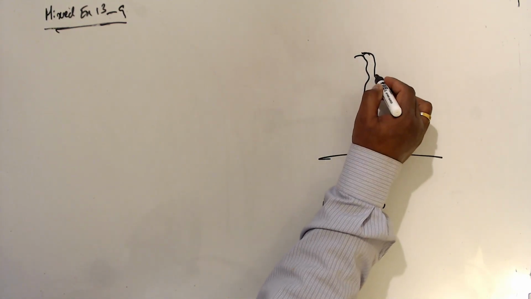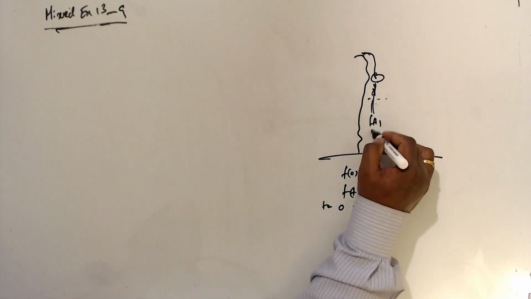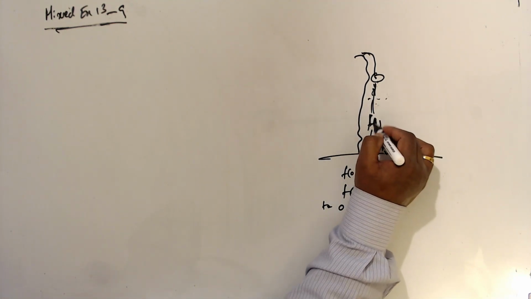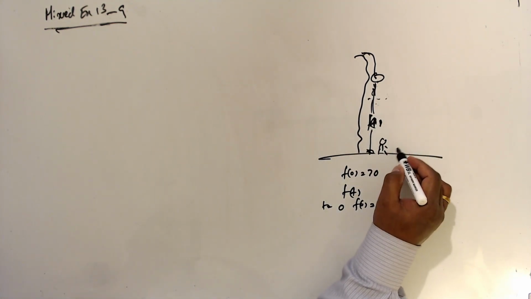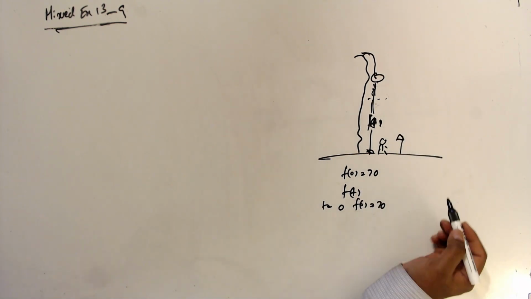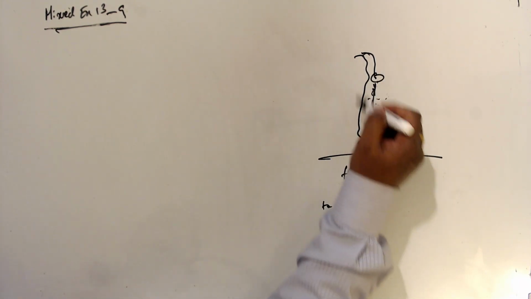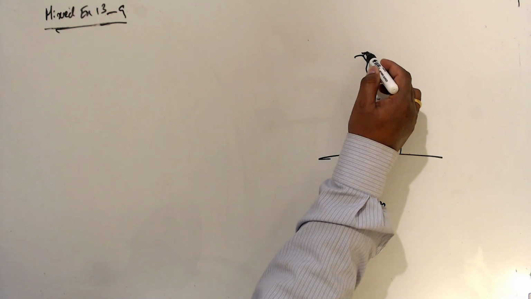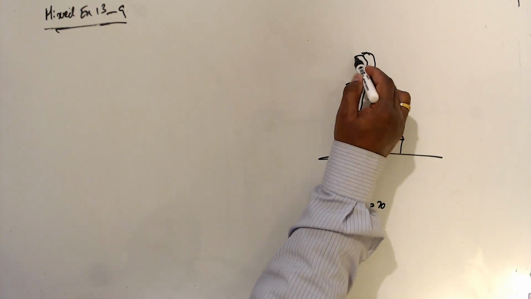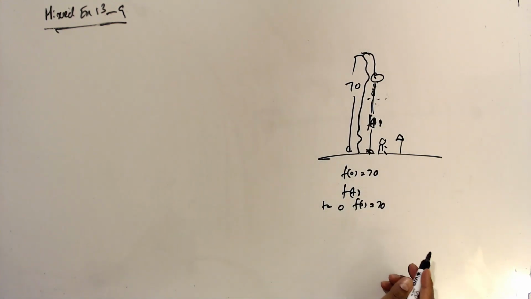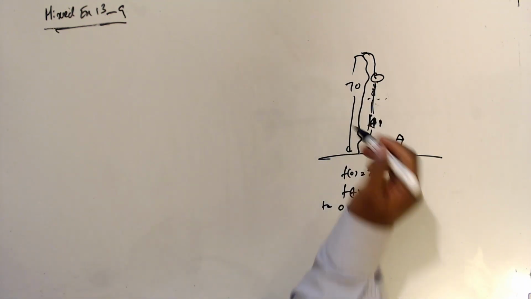So f(t) is measured from the ground. When t equals 0, the rock is here. It means the cliff height is 70.